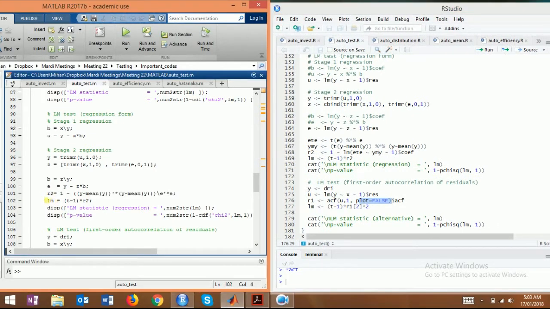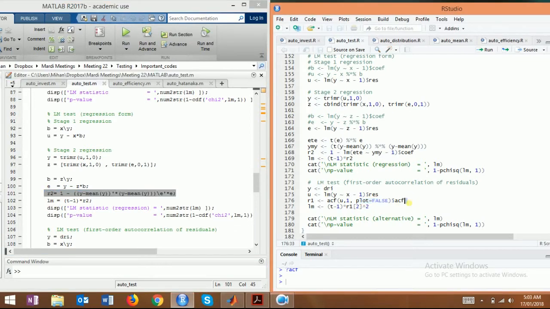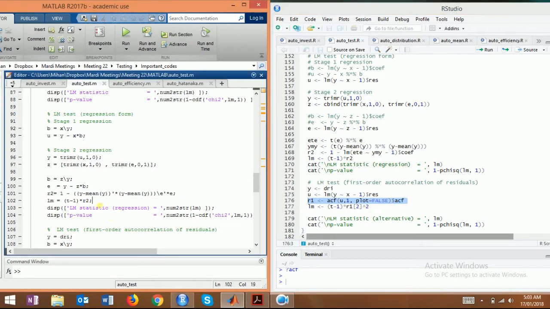So instead of writing the whole thing, we can just simply run an autocorrelation function, and in R1 we can store the autocorrelation function elements, and then we do LM t minus 1 R2. So the second element of R1 is squared. This is done in two steps.